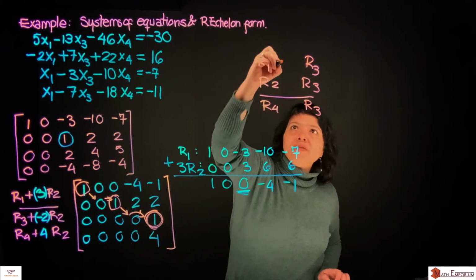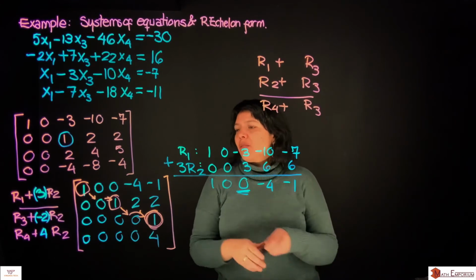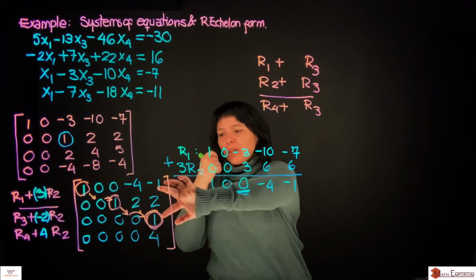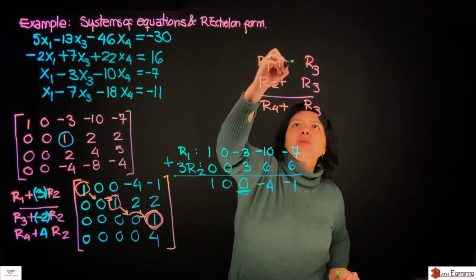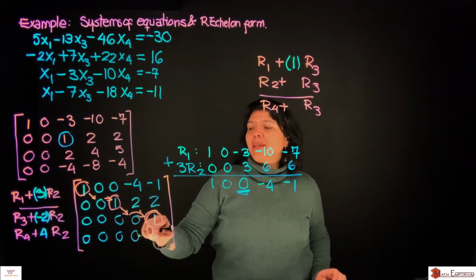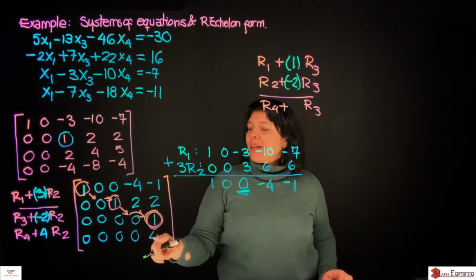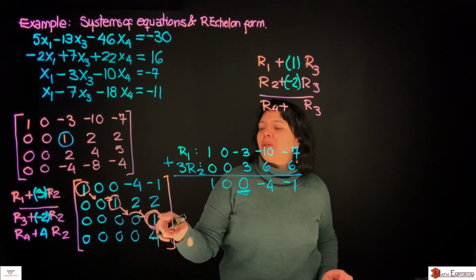What are the coefficients that I'm going to have for row 3? So to make this one 0, I just need to add these 2, so that's going to be just 1 row 3. To make this one 0, I need to multiply this times negative 2.